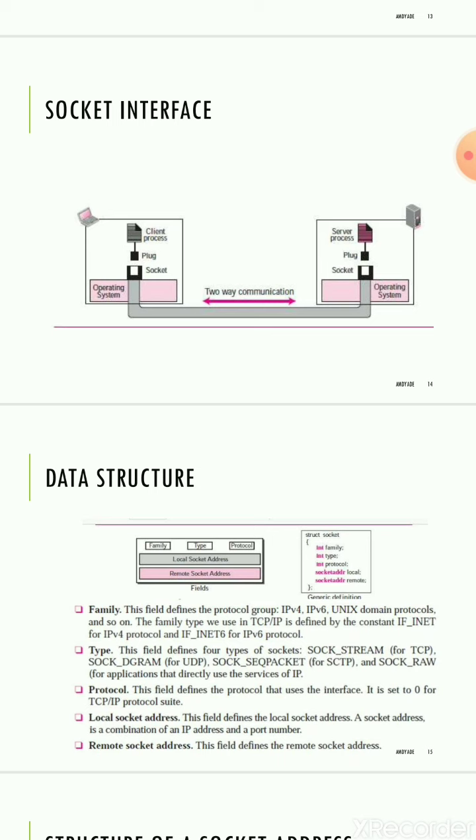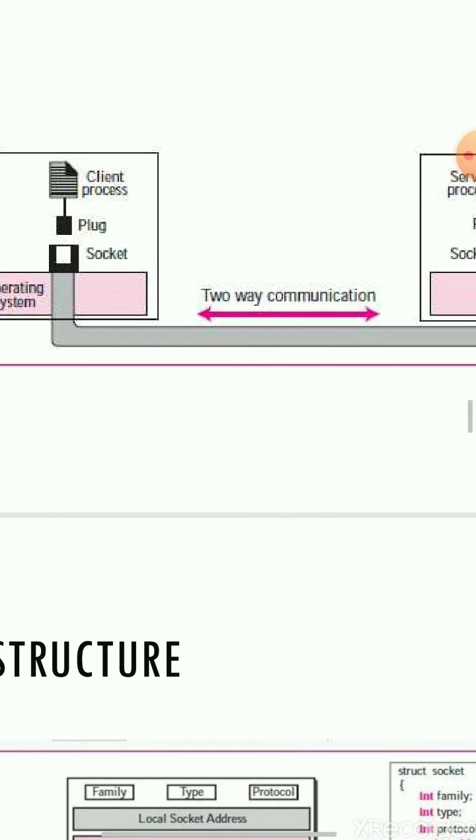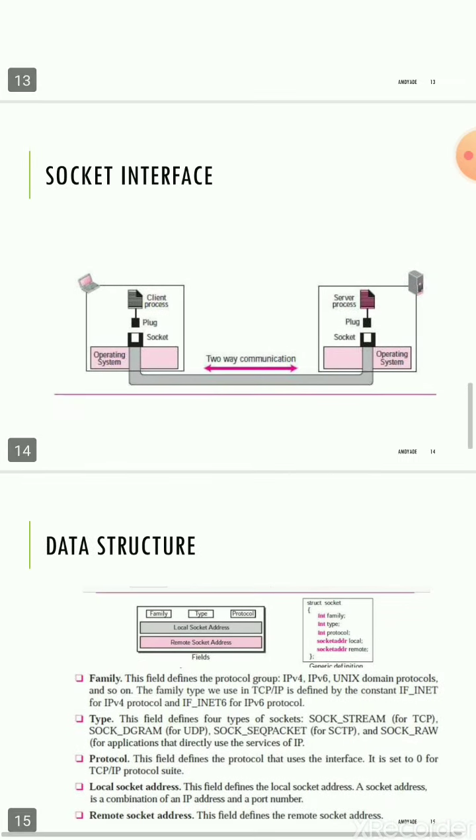Such issues are ignored right now; we will discuss them later. The socket interface lies between the application layer and the transport layer, or the operating system. In this diagram we can also see the two-way communication in the operating system, connected with a plug, with the client and the socket created between the two-way communications. This is all about the socket interface.